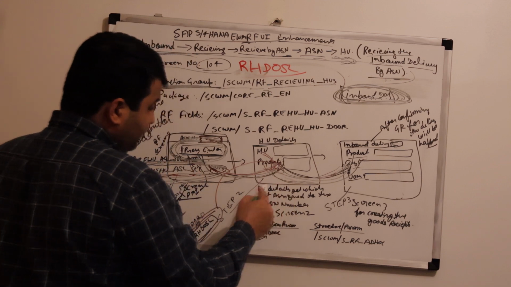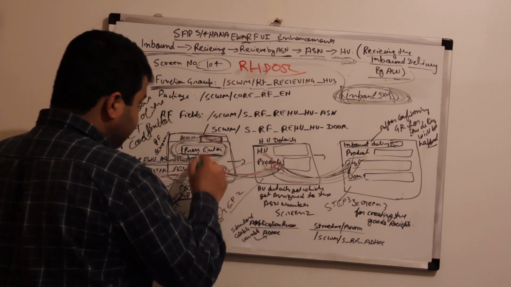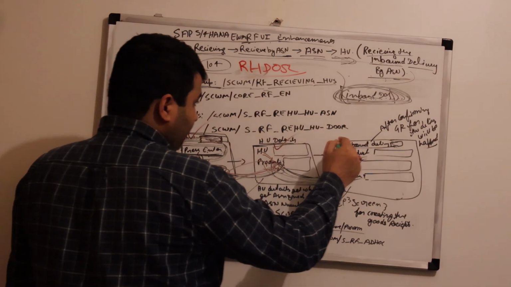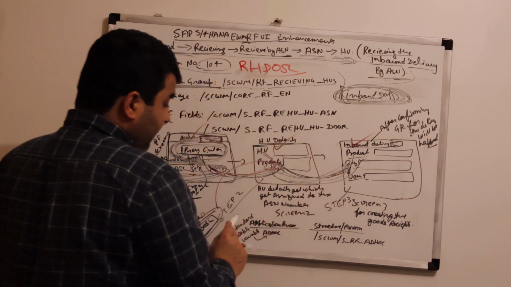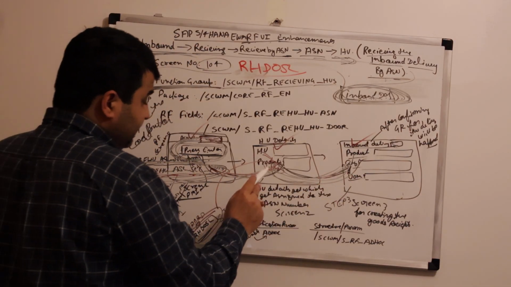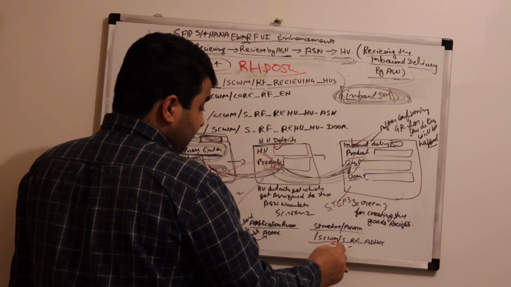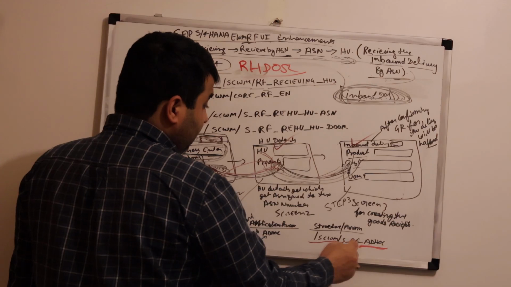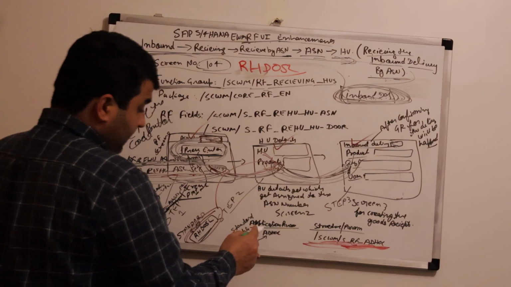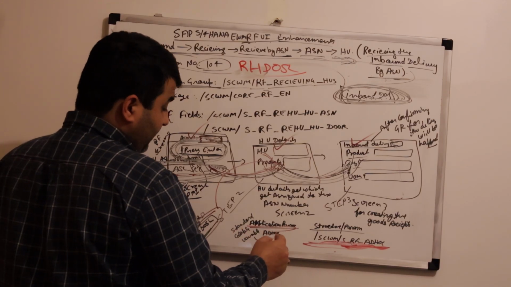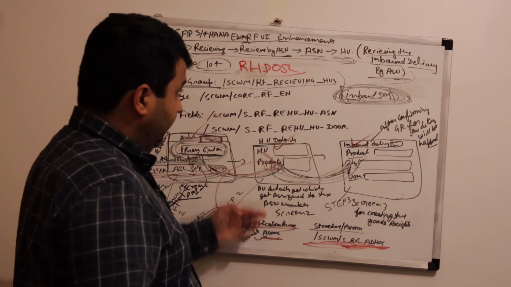Suppose we put HU details and the ASN number: this is screen 1, screen 2, and this is screen 3. Here the system calls behind the scenes one of the application standard structures, /SCWM/S_RF_ADHOC, which is the structure or parameter. At the same time the system calls one application program, ADHOC, which is the global variable.